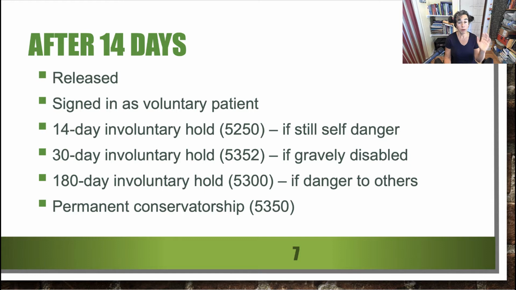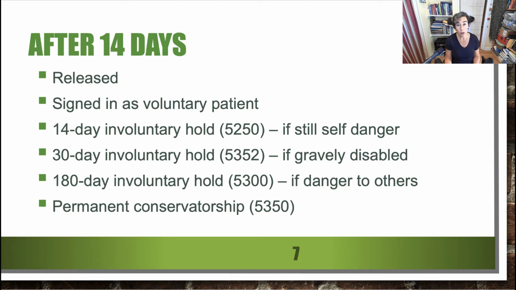All right, so now we're up to 2 weeks. So there's a number of things that could happen at that point. Either they're released, they sign in voluntarily, they're put on a 14-day involuntary hold, that's the 5250. Or a 30-day involuntary hold, which is a 5352 if they're gravely disabled, again, which means that they're not able to provide for their basic needs.